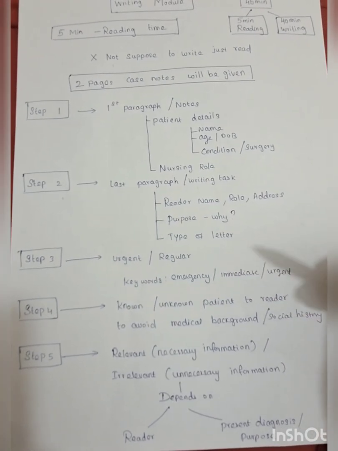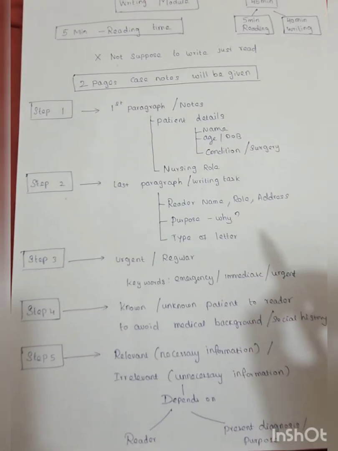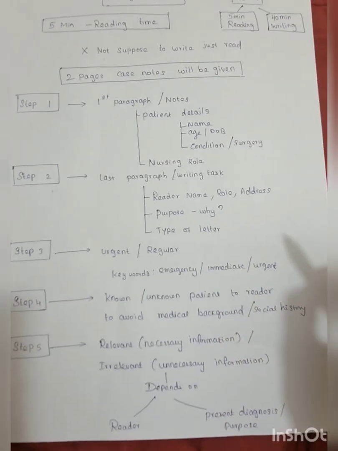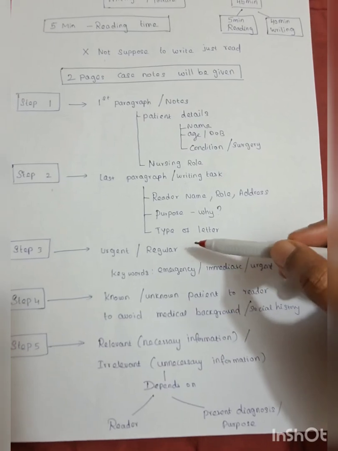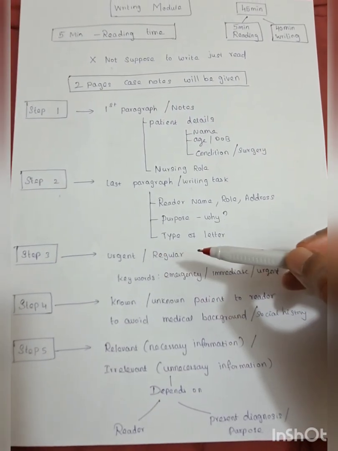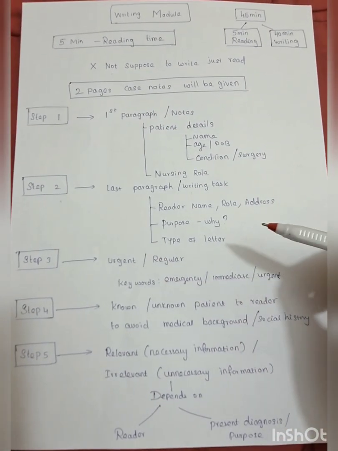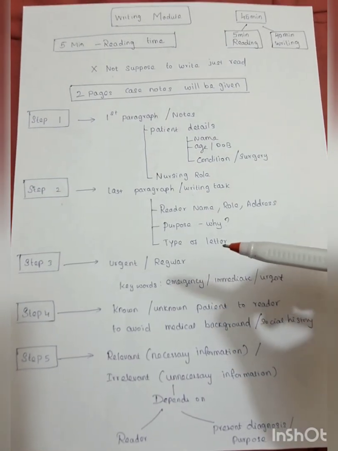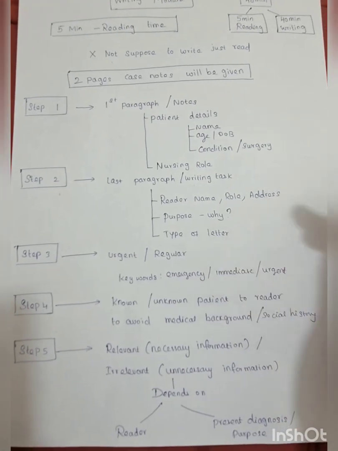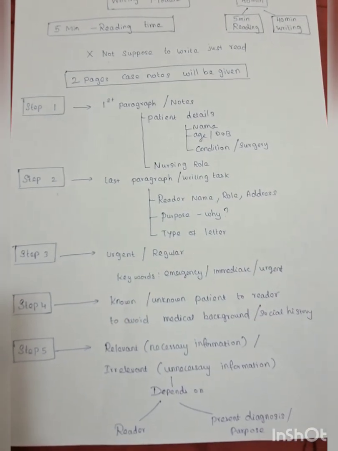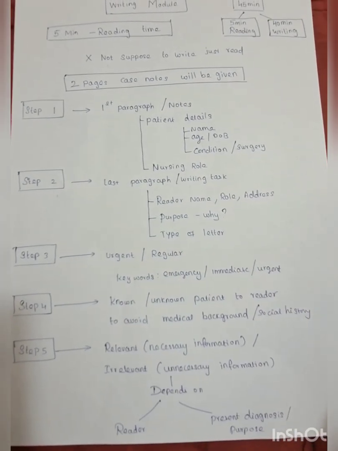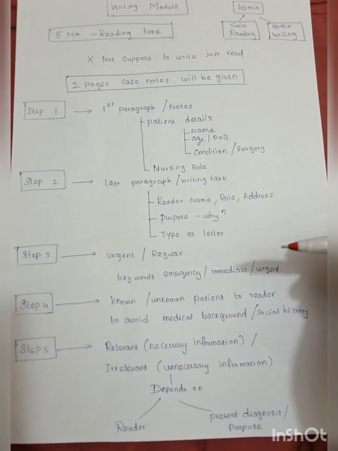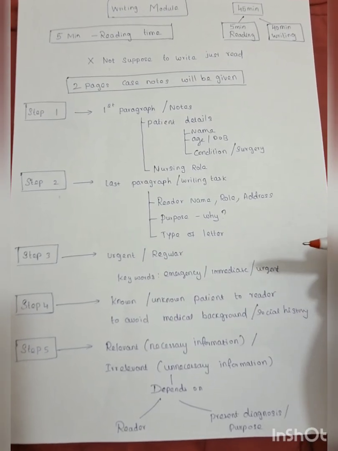They might have indicated that it's an urgent letter. So whether they have stated urgent transfer or not, or whether it is a regular letter, this affects the style of writing. In my next videos I'll share with you what an urgent letter and a regular letter are, but here in step 3 you have to observe for that.